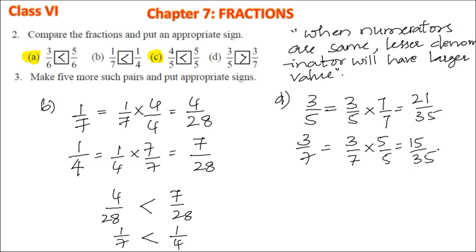You observe carefully, this 21 by 35 is larger compared to 15 by 35. Which is the number originally? This is 3 by 5, which is larger than 3 by 7. So this is how we can identify the larger number.